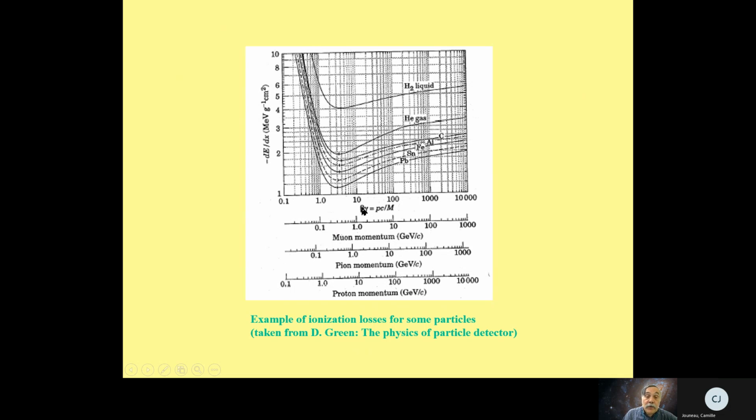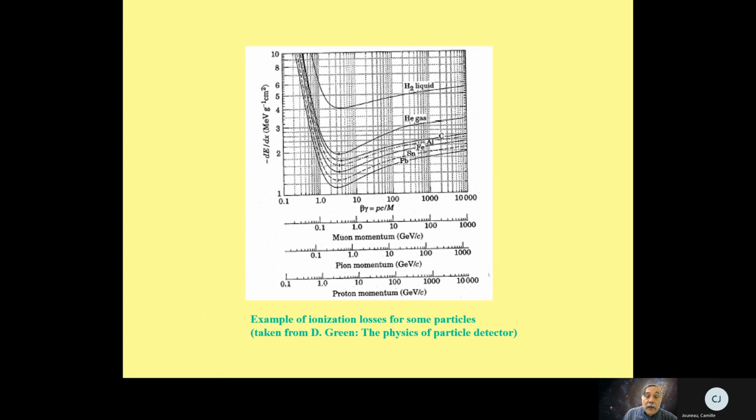Beta is the ratio between v and c, and gamma, if you remember, is the relativistic correction, 1 divided by the square root of 1 minus beta square. What we see is a very quick decrease of ionization losses with increasing energy. This is this v square.